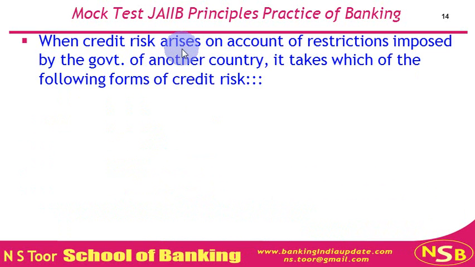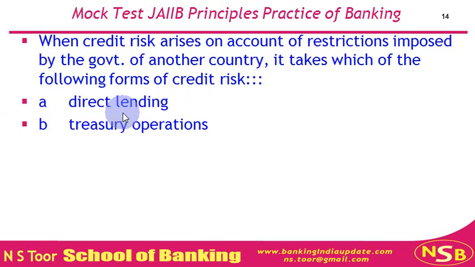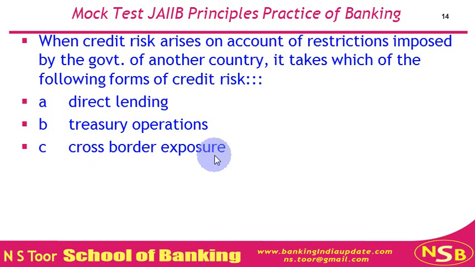When credit risk arises on account of restrictions imposed by the government of another country, it takes which of the following forms of credit risk? Credit risk has various forms. Options: direct lending, treasury operations, cross-border exposure, any of the above.